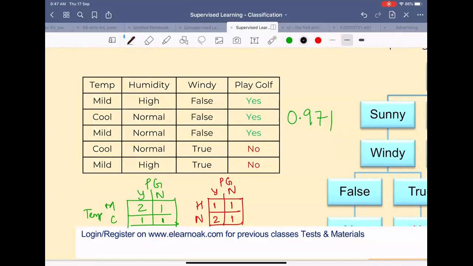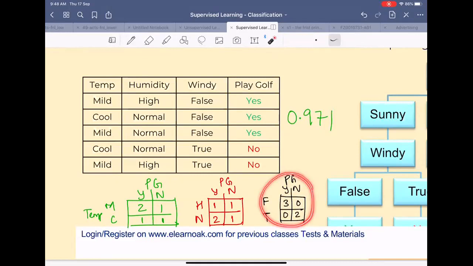Let's look at windy. Playing golf, yes and no. Windy can be false or true. If windy is false, I have 3 examples of yes, 0 examples of no. If windy is true, I have 0 examples of yes, 2 examples of no. Now I see that my data is neatly divided.